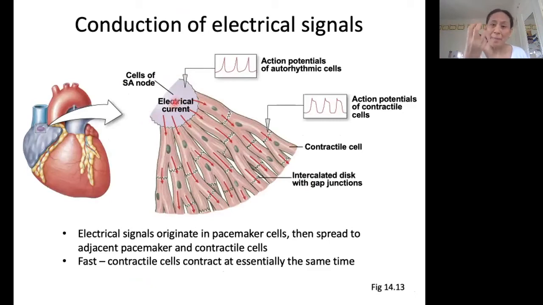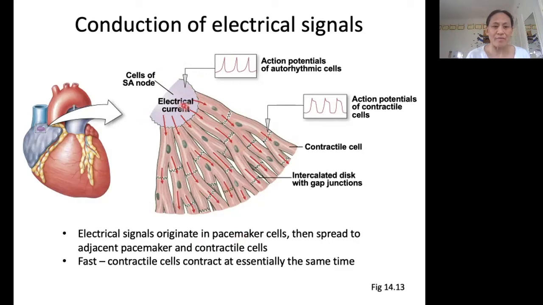Remember that pacemaker cells are capable of generating their own action potentials. So our bundle of pacemaker cells is going to generate action potentials. Then those action potentials are going to spread from the pacemaker cells to the neighboring contractile cells because they are electrically coupled, okay?